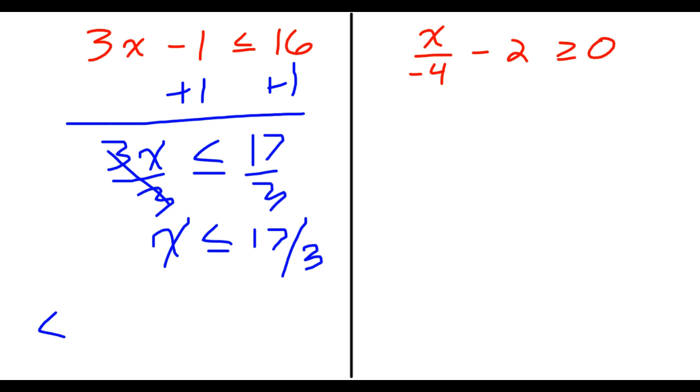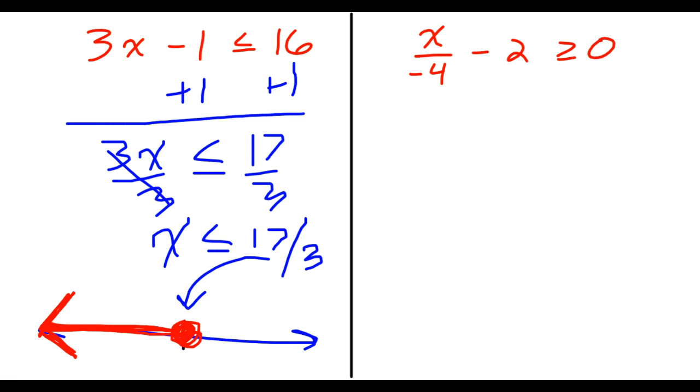But then on the number line, our key number 17/3 would go right there. It's a less than or equal to, so we're going to have a closed circle filled in, and then towards negative infinity rather than positive infinity.